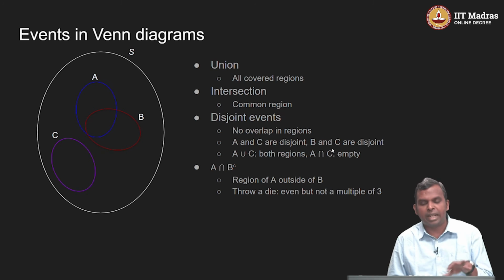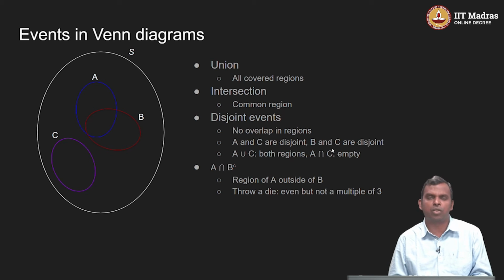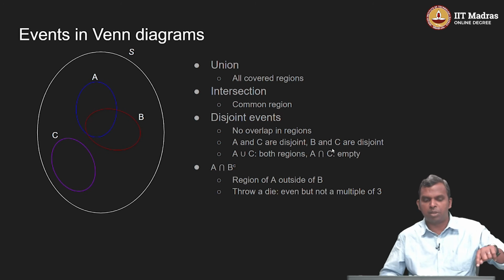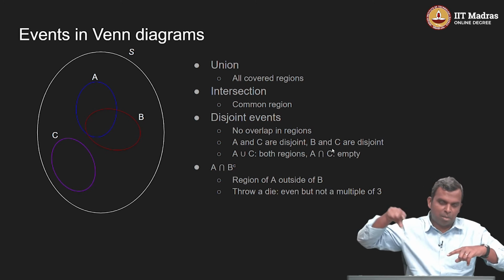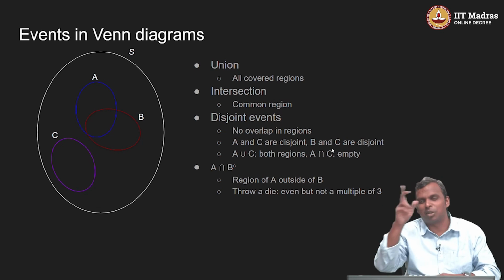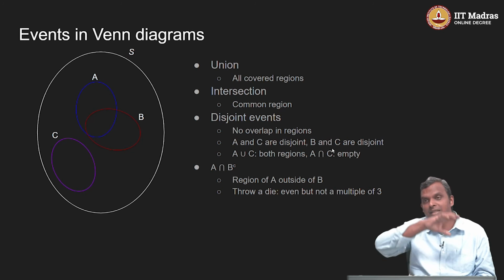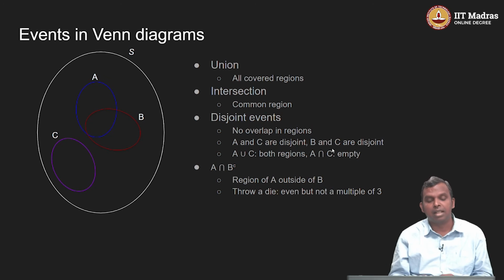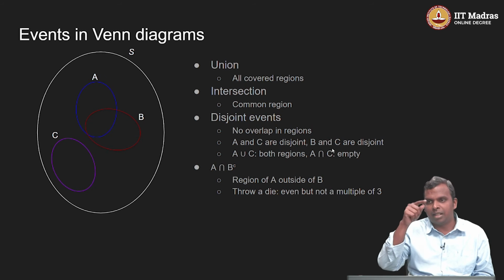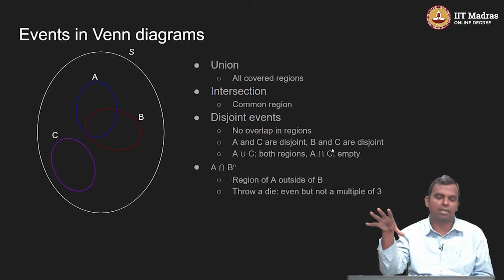So the Venn diagram is one such very useful visualization for sets. We take the sample space to be one big egg-like shape, an ellipse or circle or whatever else you want. That is the universe or the sample space, and every subset I denote as a smaller circle inside the bigger circle, right?